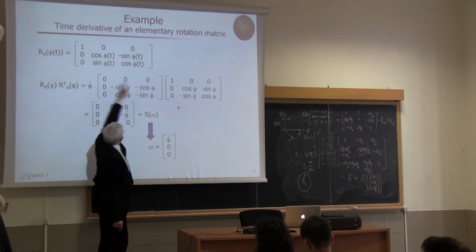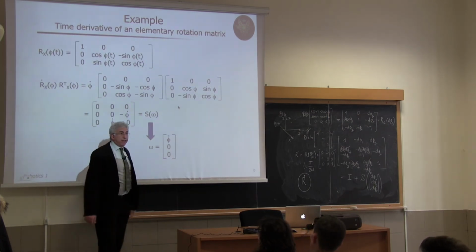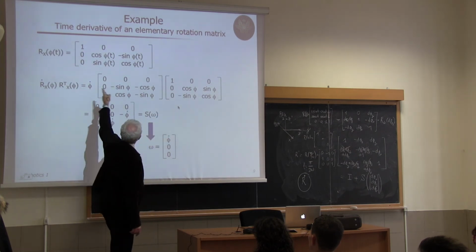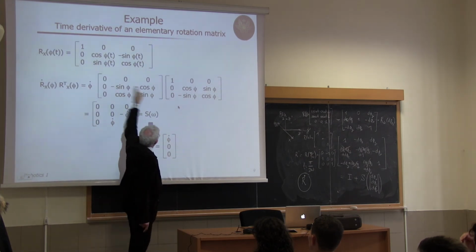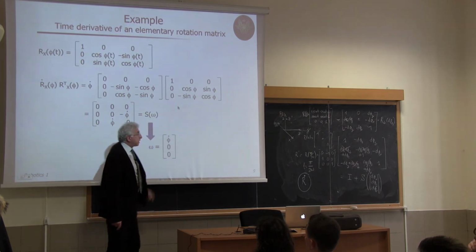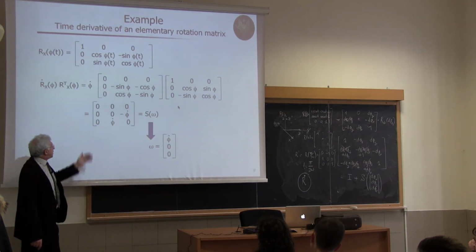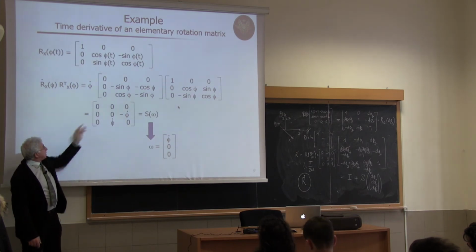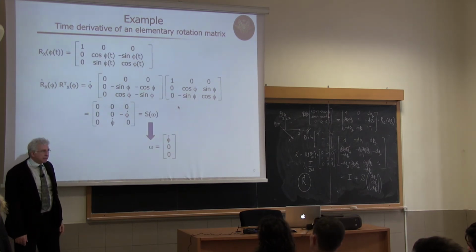So this matrix with this scalar factored out is R dot. Then I multiply by R transpose, so pay attention, I need to transpose that matrix. I do the computation, and without any simplification, I obtain this matrix.